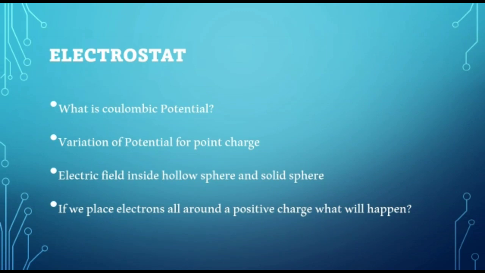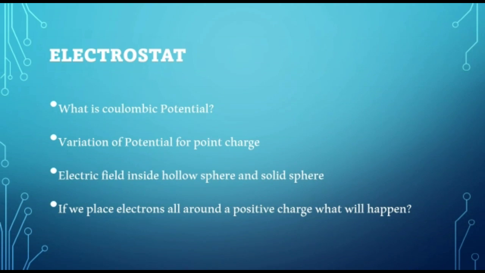Then one of the professors asked me what will happen if we place electrons all around a positive charge. I explained that whenever we place a negative charge in the influence of any charge, it experiences a force in a direction opposite to that of the electric field.